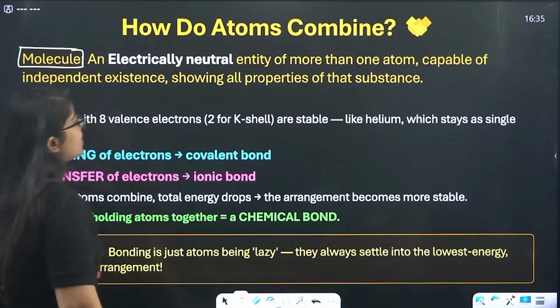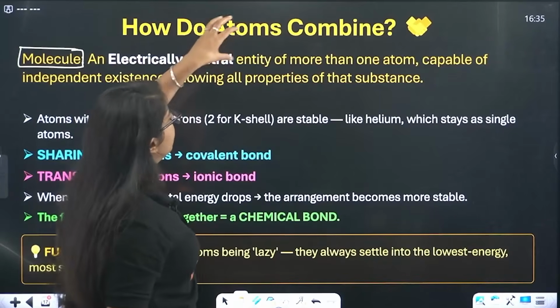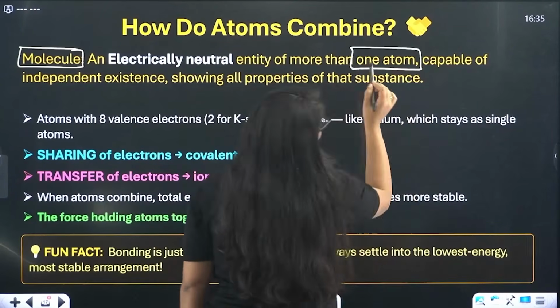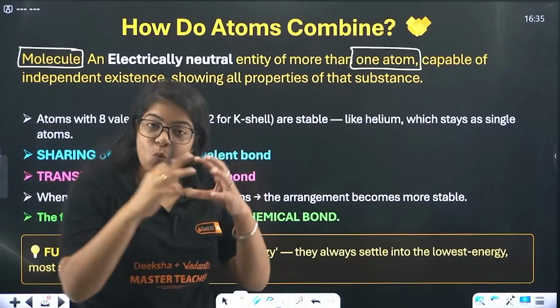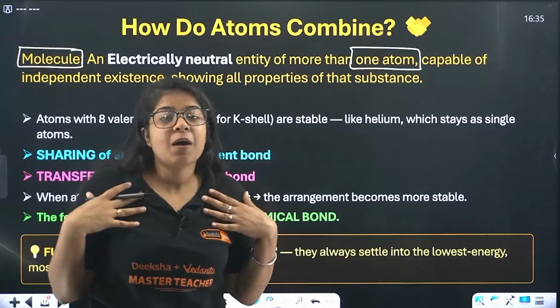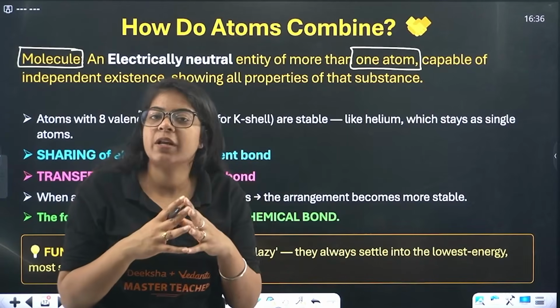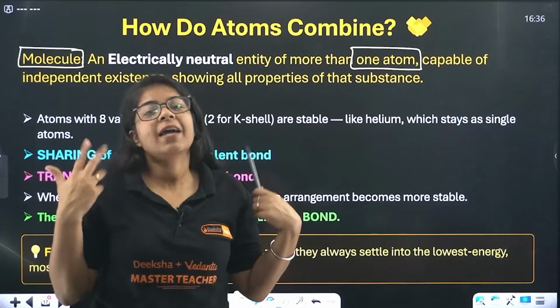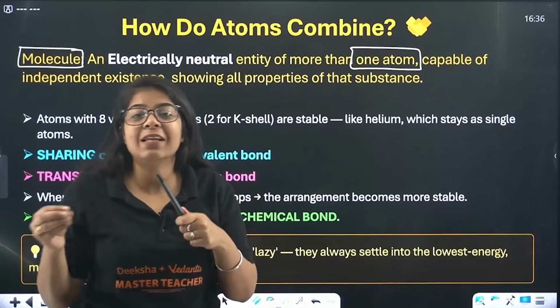What are molecules? An electrically neutral entity of more than one atom. So when one or more than one atom joins and they are electrically neutral, they don't have charge. I am a combination of lots of atoms, right? Just like you are, just like everything is. But do I have a charge? I am neutral, right? I'm electrically neutral.